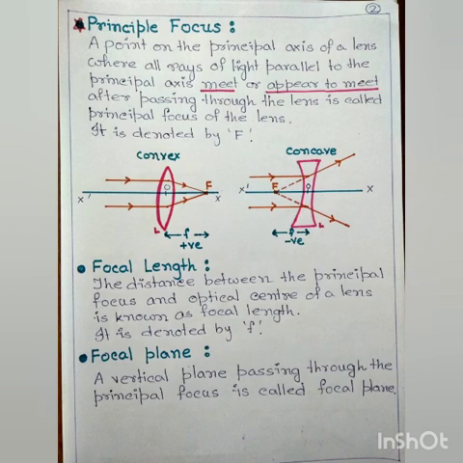First we will consider the convex lens. Here all the incident rays are parallel to the principal axis, that is X prime. The rays incident on the lens, after refraction, will converge and meet at a point on the principal axis, and that point is known as the principal focus, capital F. Clear?